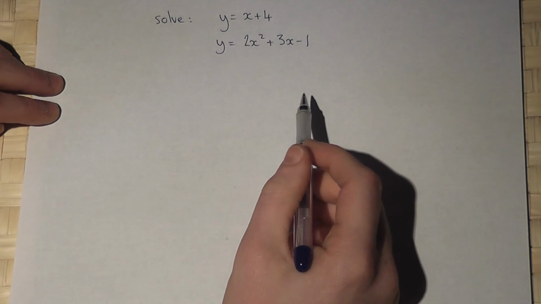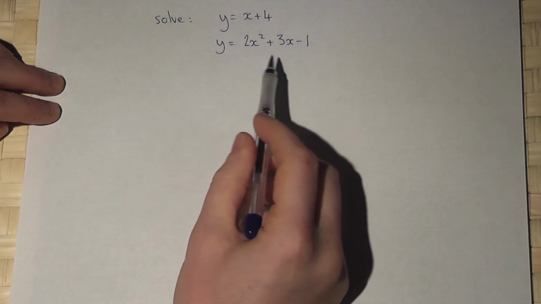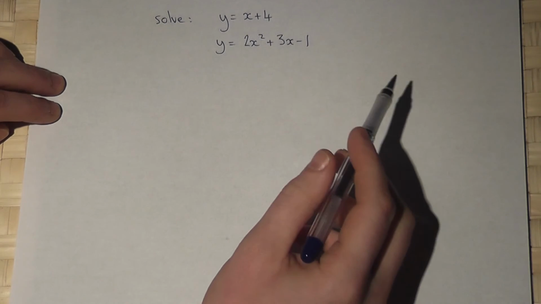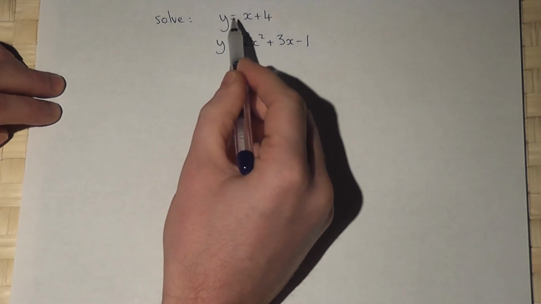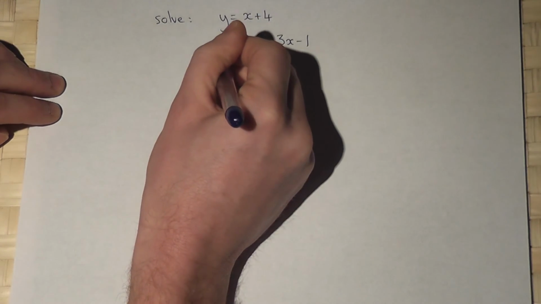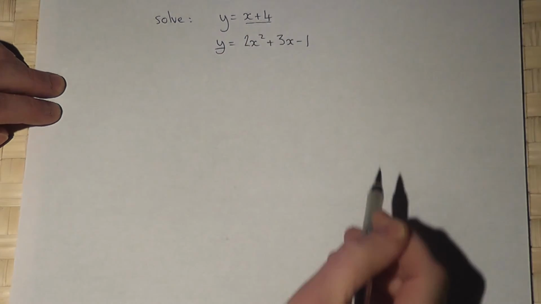In this question we're asked to solve two simultaneous equations, both of the form y equals. Now the method here is to substitute, because I know that y equals x plus 4. So this y here can be replaced by x plus 4.